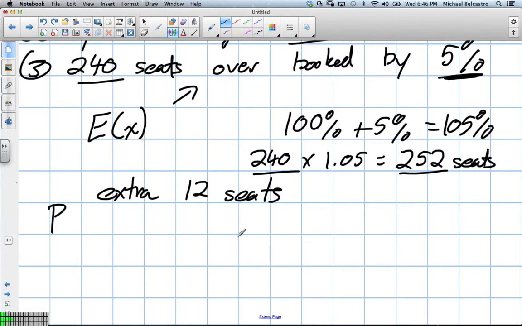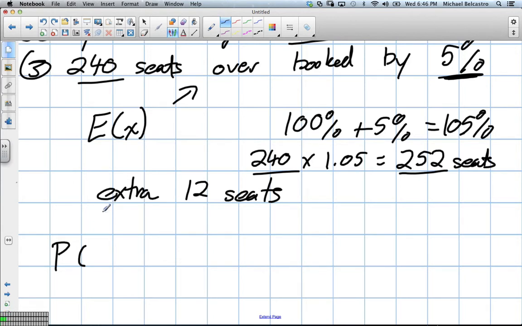So first of all, we want the probability that all 252 people would show up, that is, the probability that we are overbooked by 12 people.